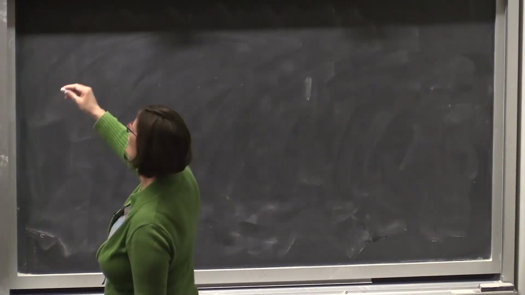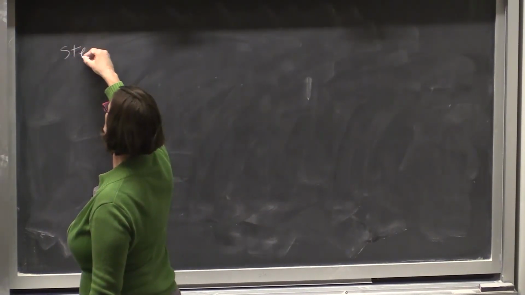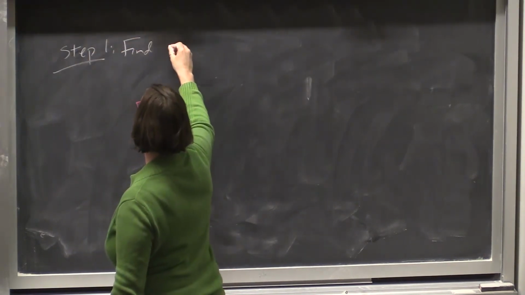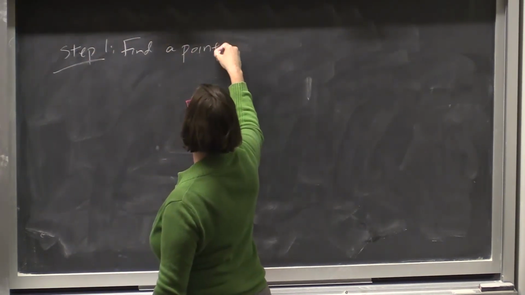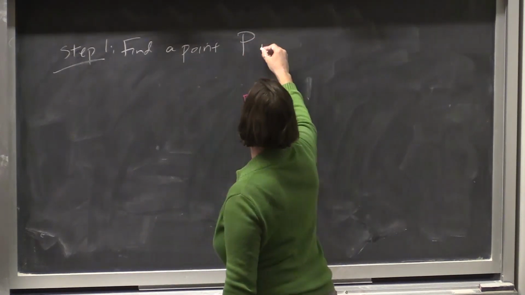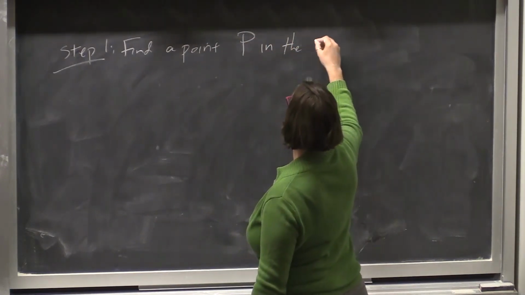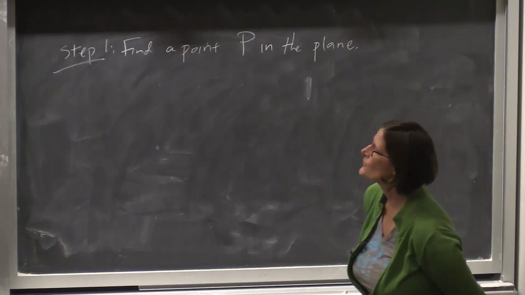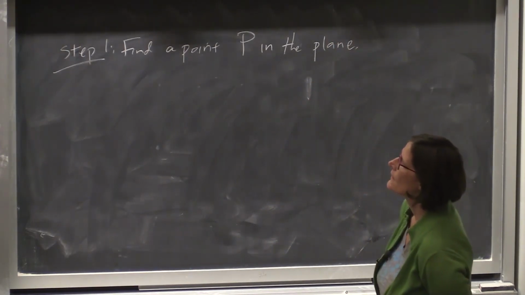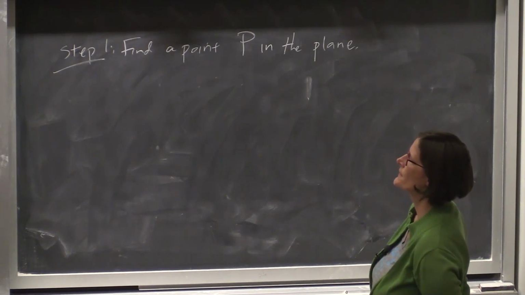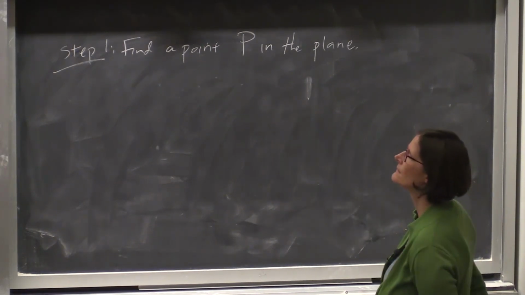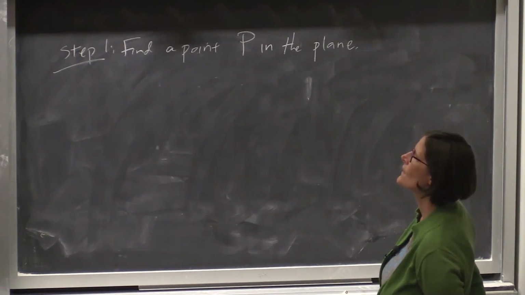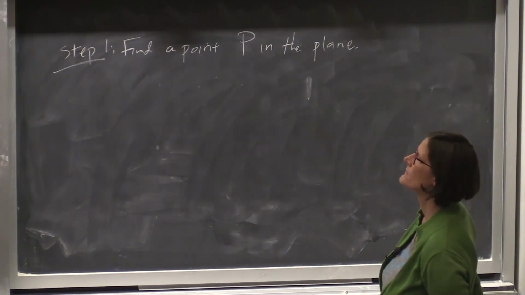Okay, so step 1, find a point P in the plane. So can someone give me the Cartesian coordinates of a point which is in that plane? 1, 0, -1.